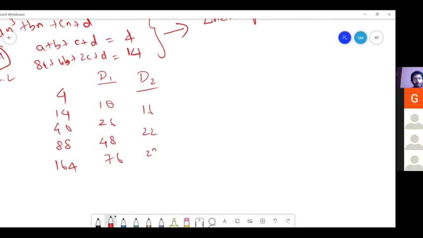So based upon this 16, 22, 28, I predicted the next difference to be 6 more, so 28, 34. Then 34 plus 76 will be 110. 110 plus 164 is 274. So in order to create the sequence, I think you need to consider the second, third differences.